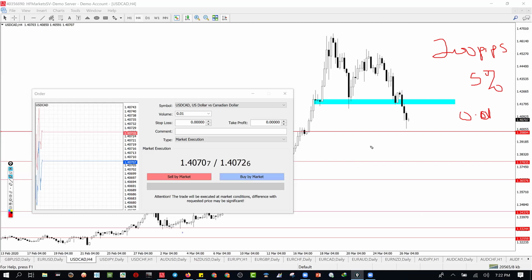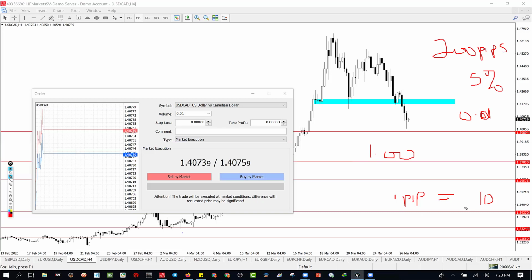So remember, we have one standard lot account. In a one standard lot account, one pip equals 10 points. It can be 10 euro, $10, or 10 pounds.